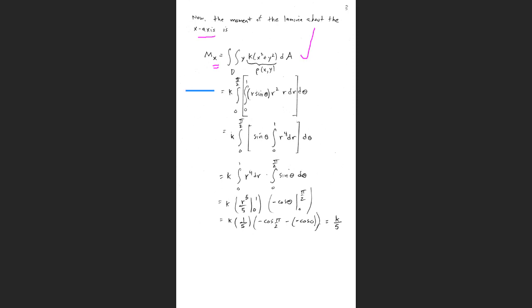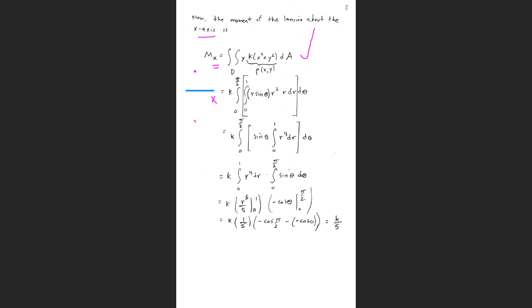If this is the x-axis, then how far points are from the x-axis is important in determining that moment. And the distance is going to be a value of y, right? So that's why the y is here.